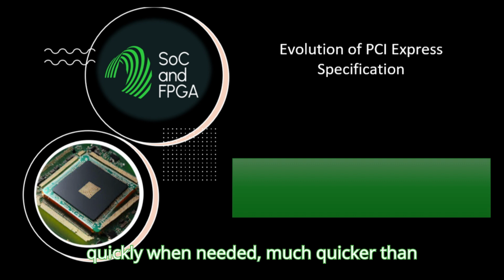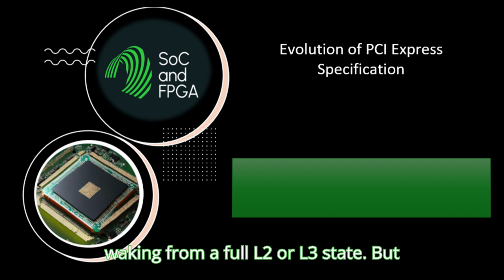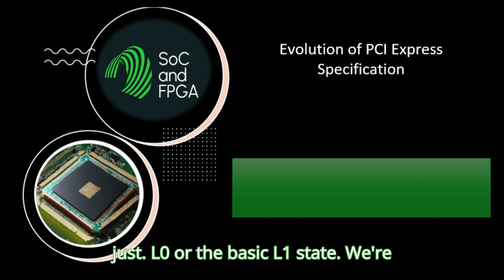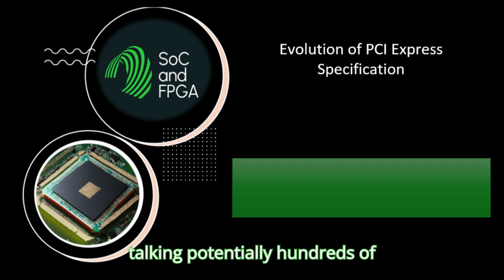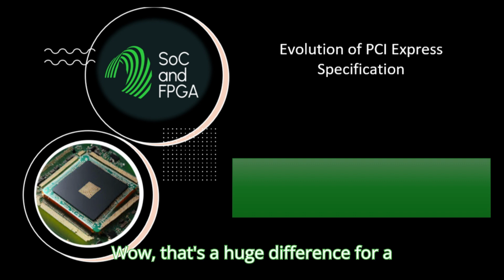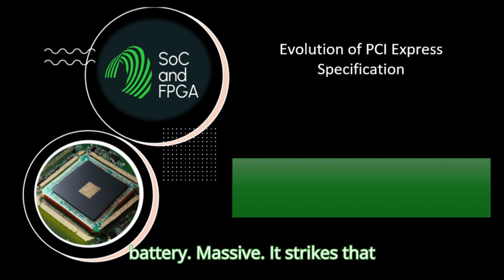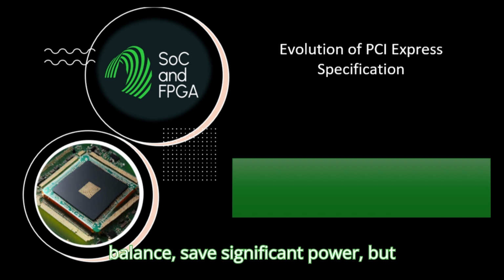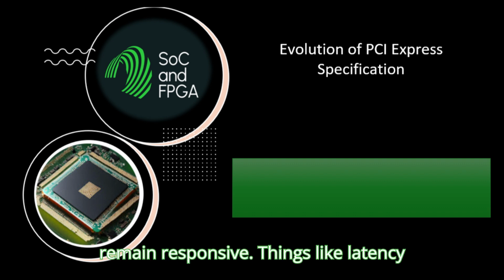So they can wake up quickly when needed. Much quicker than waking from a full L2 or L3 state, but they save a ton of power compared to just L0 or the basic L1 state. We're talking potentially hundreds of milliwatts down to just a few milliwatts. Wow, that's a huge difference for a battery. Massive. It strikes that balance, save significant power, but remain responsive.